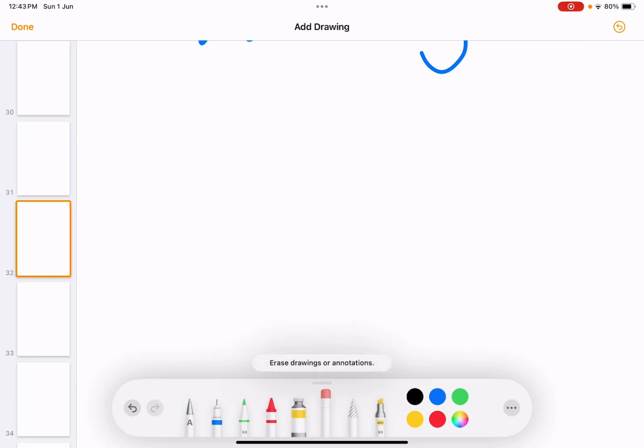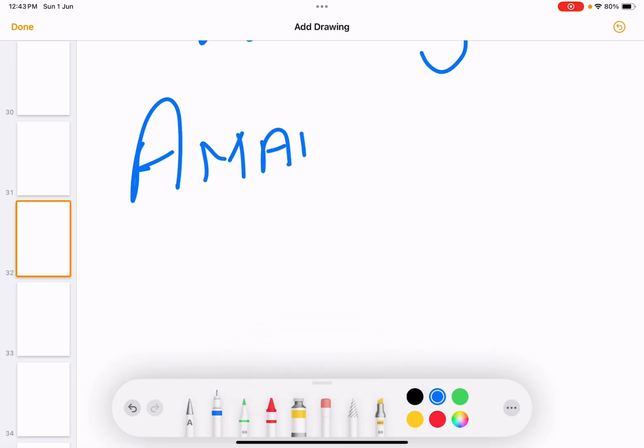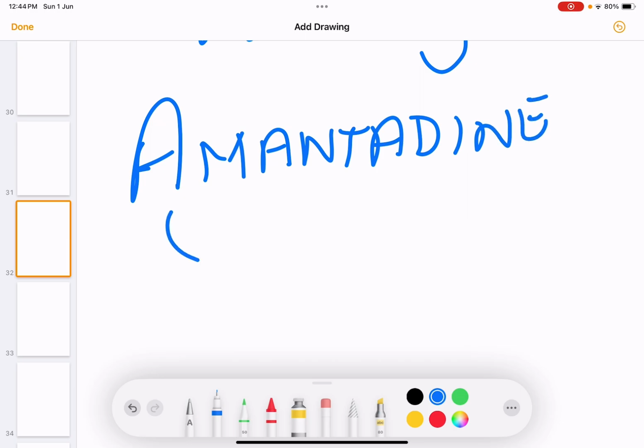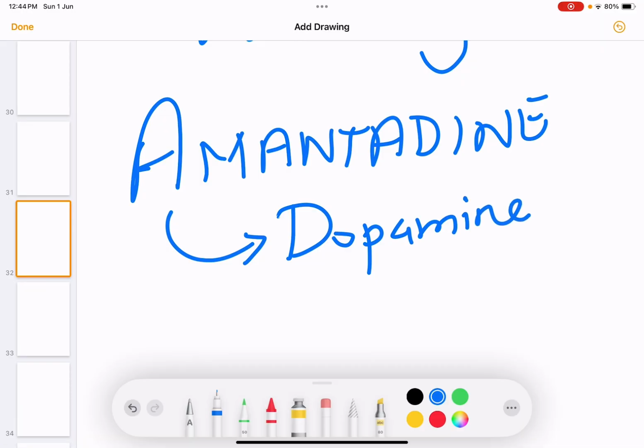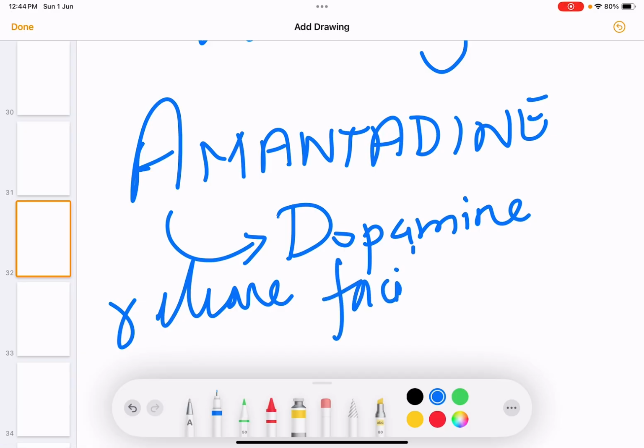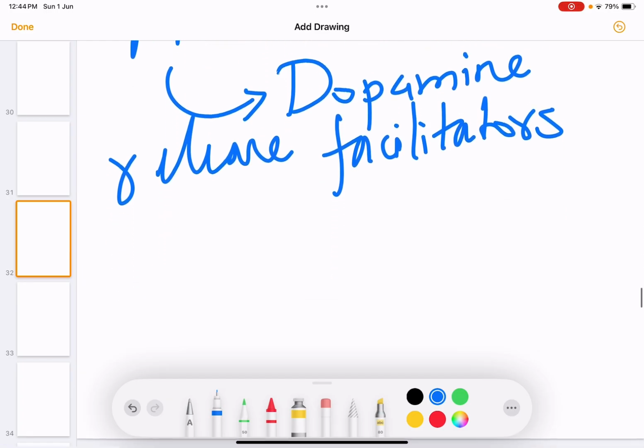Now the next category of drug that we have is the dopamine release facilitator. The drug is amantadine. It was initially developed as an anti-influenza drug, but then it was found to be effective in Parkinson's also, and it facilitates the release of dopamine.